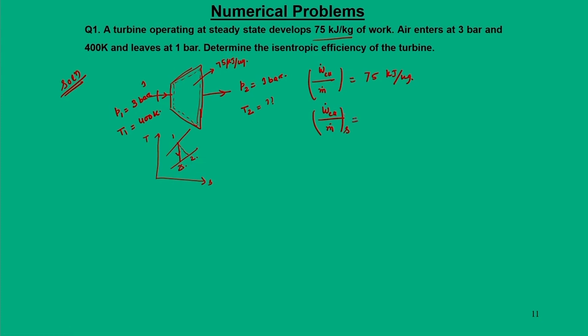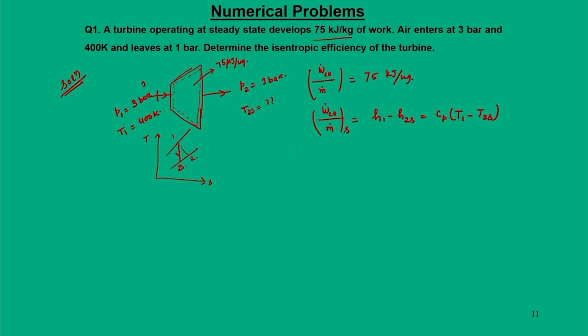For this we can write it is nothing but Cp times (H1 minus H2S), or Cp times (T1 minus T2S). What we know are P1, T1 and P2, and T2S we do not know.